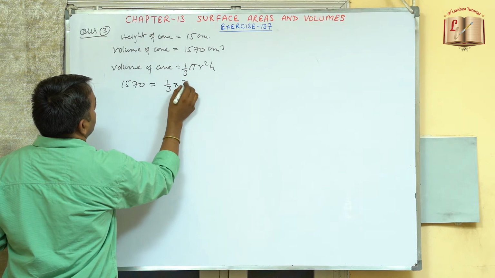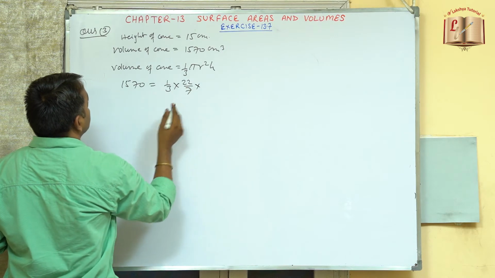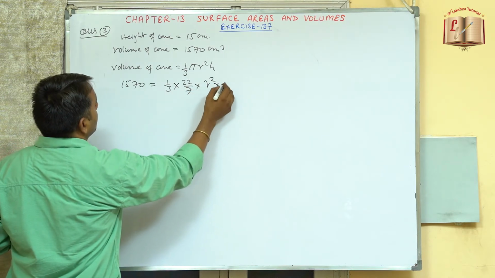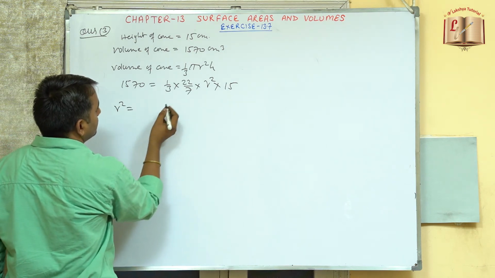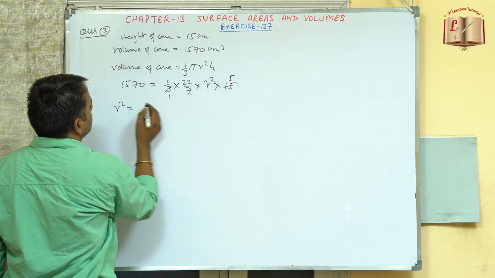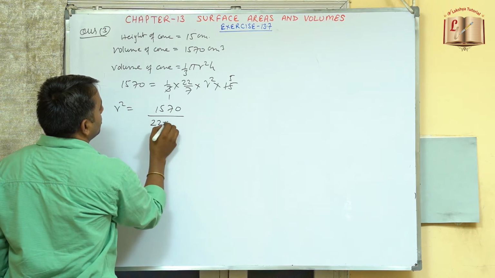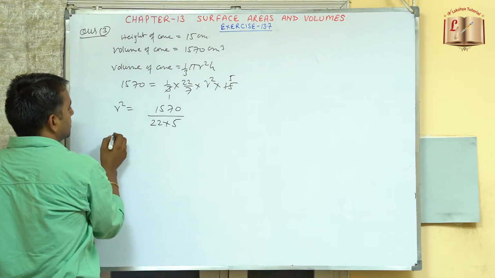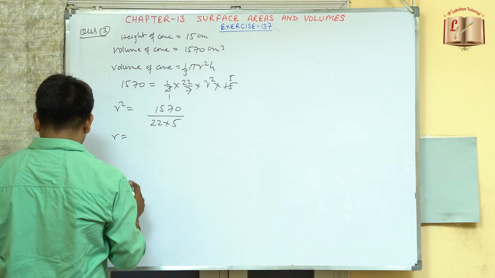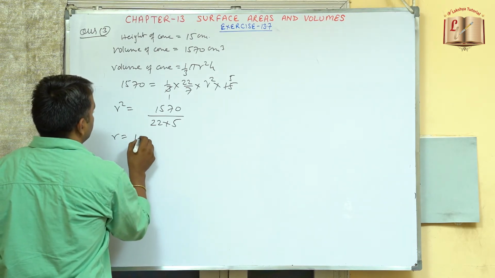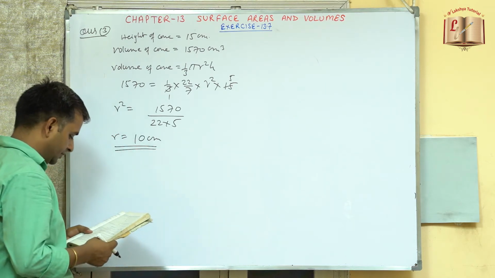This is 1 by 3 into 22 by 7 into r square, r we need to find out, into height, which is 15. So r square will be equal to, 3 ones are 3, 3 fives are 15, 1570 divided by 22 into 5. So now r can be calculated from here. So r will be simply 10 centimeters. So r is 10 centimeter from here.